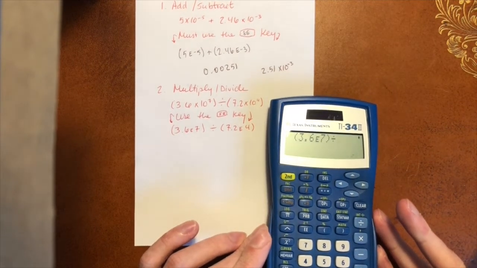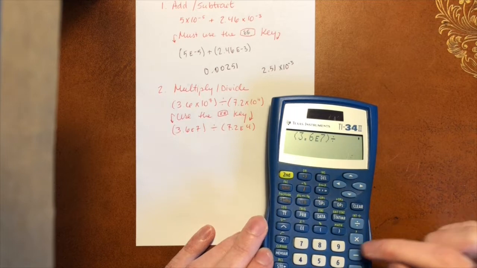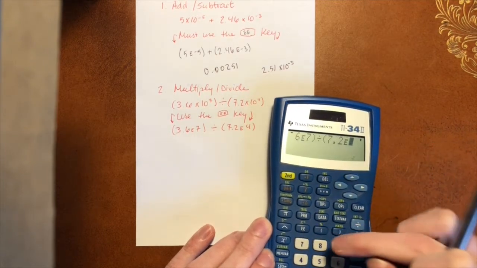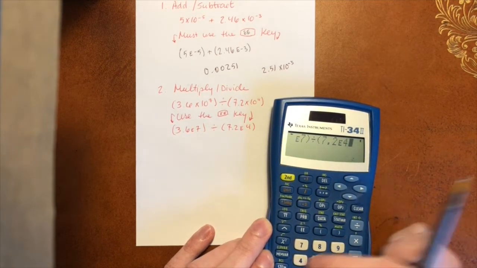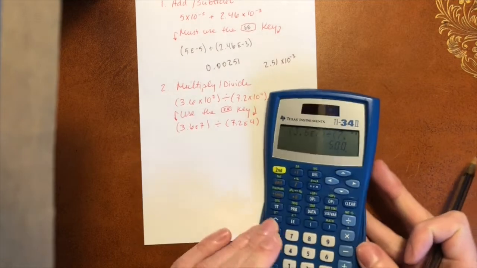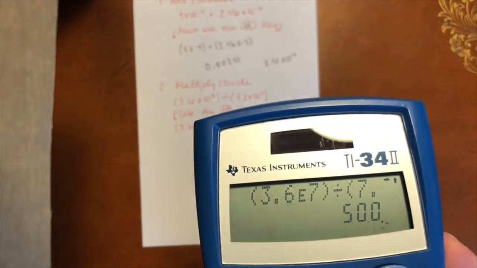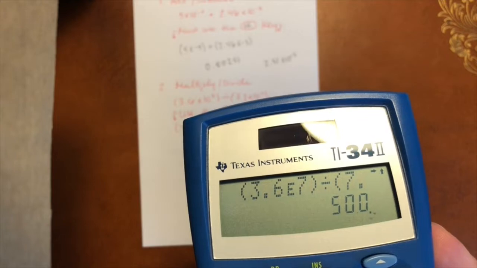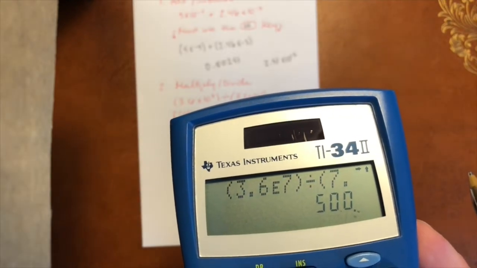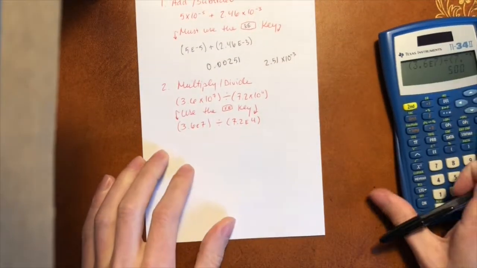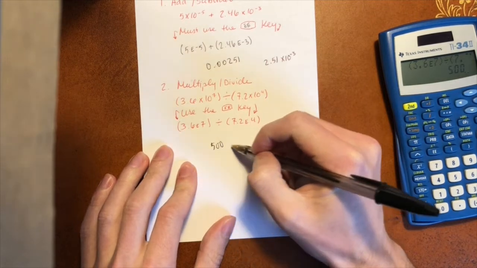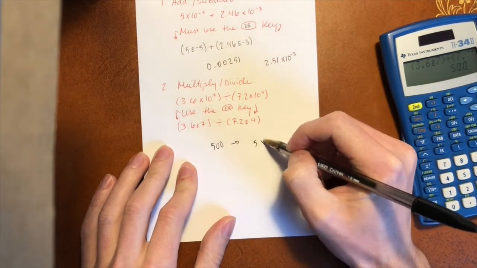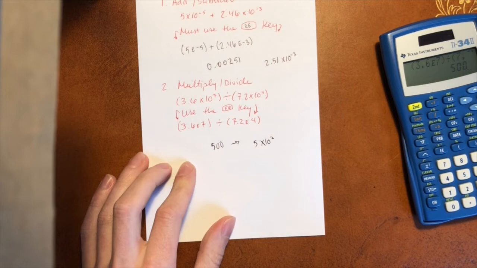There it is, 3.6 E7 divided by, parentheses, 7.2 E4. We press enter and we get 500, which again is not scientific notation. If the number fits on the screen, the calculator doesn't bother to put it in scientific notation. So when we get 500, very simple to convert, we get 5 times 10 to the second power.